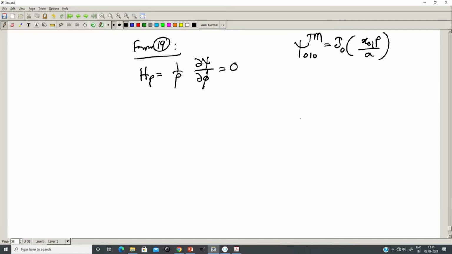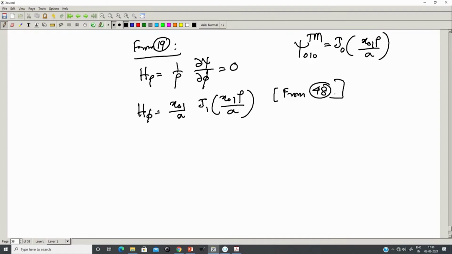So, H rho is 0, we have H phi as x01 by A J1 x01 rho by A, that is from equation 48.